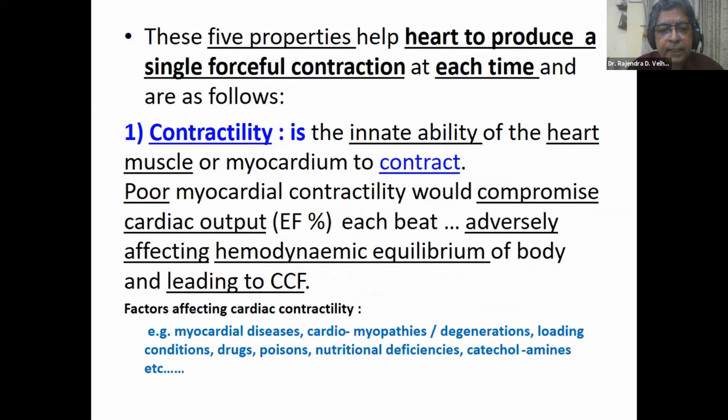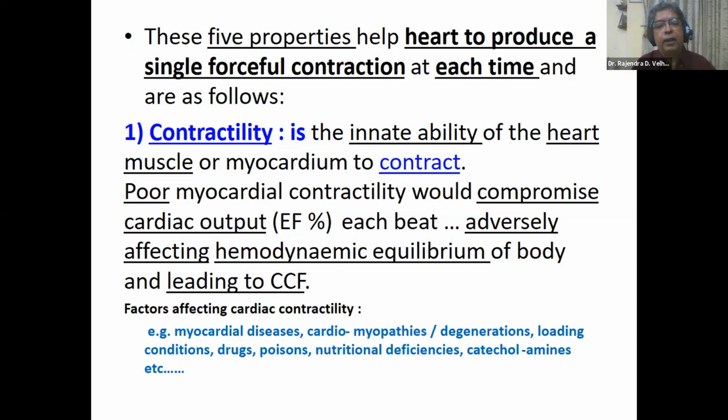Now, these properties are, first, contractility. Contractility is an innate ability of the heart muscle or myocardium to contract. Contractility can increase or decrease, and it is influenced by certain factors like myocardial diseases, cardiomyopathies, degenerations, loading conditions, drugs, poisons, nutritional deficiencies, catecholamines, etc. These factors can reduce myocardial contractility.